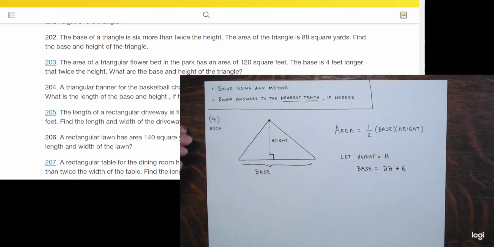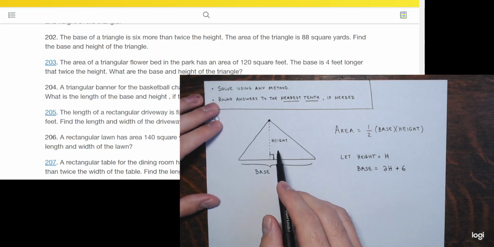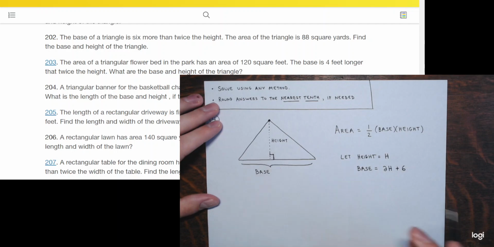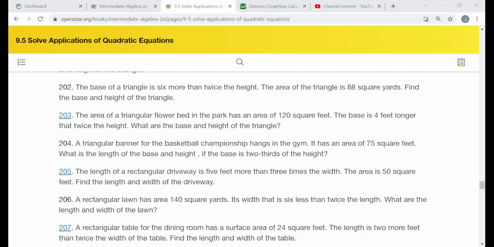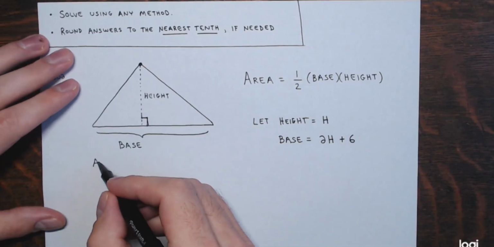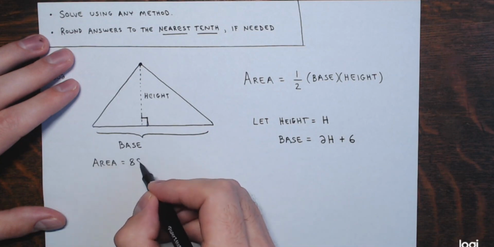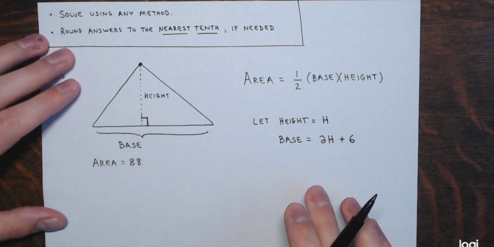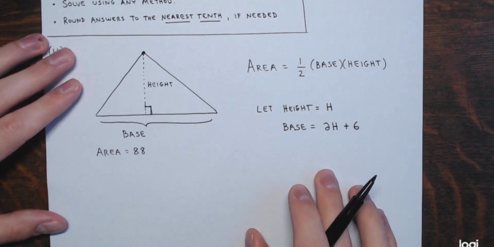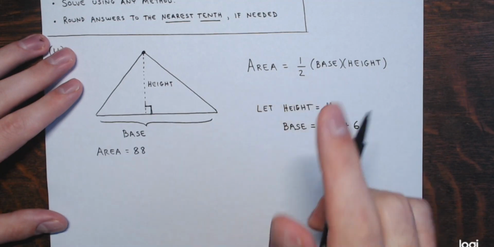They told us that the area of our triangle is 88 square yards. So that's where the equation is going to come from. So the area equals 88 square yards, but I'll just put 88. Well, what's area? I said it already. It's half the base times the height.